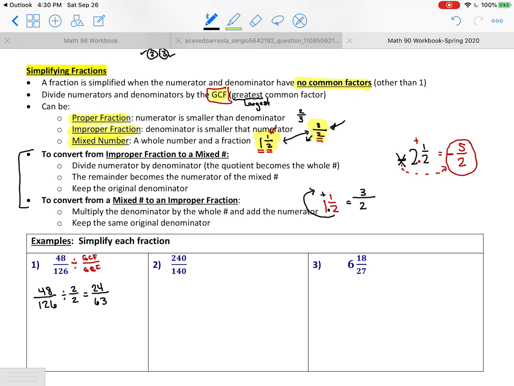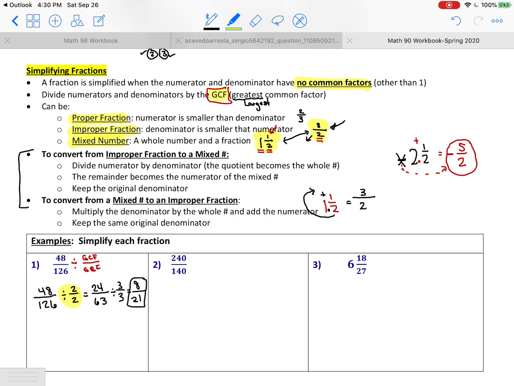We're looking for any other common factor. We know that 3 happens to go into 24. 3 definitely also goes into 63. 24 divided by 3 is 8, and 63 divided by 3 is 21. And we can search for a while, but we will find that 8 and 21 do not share any common factors, and therefore we are finished at this point.